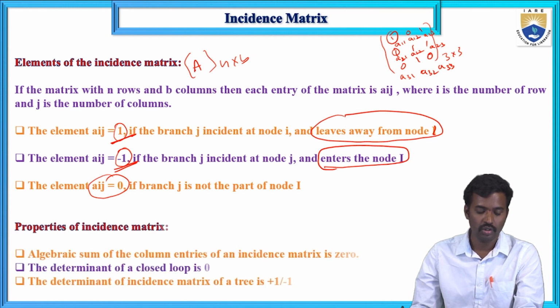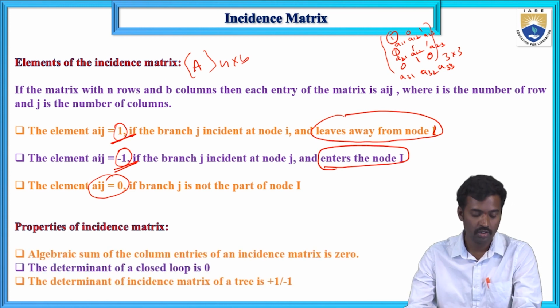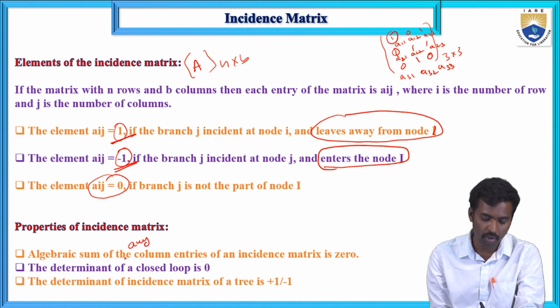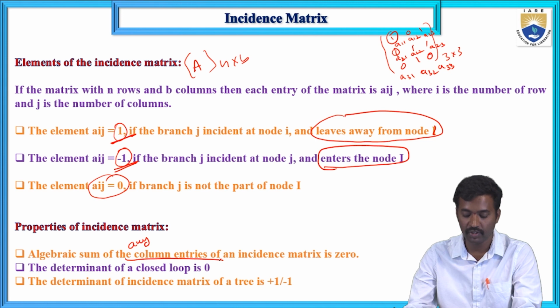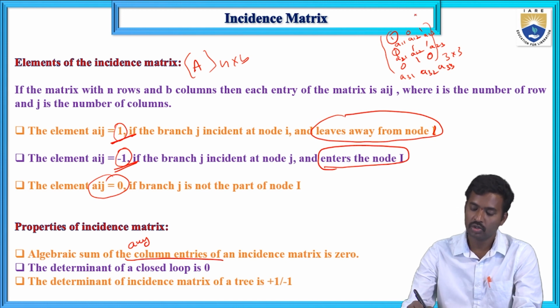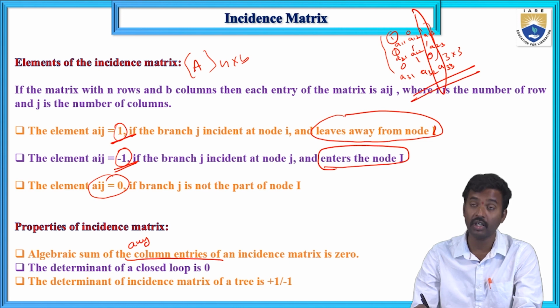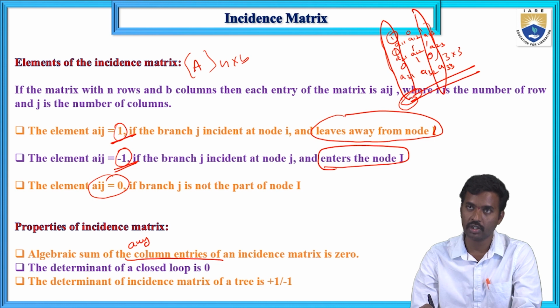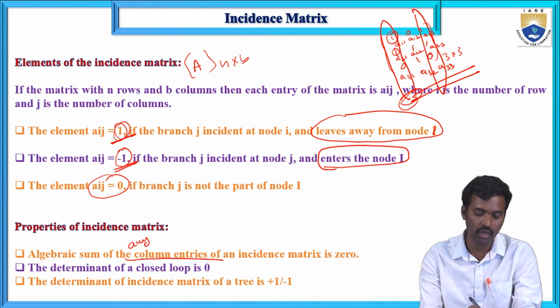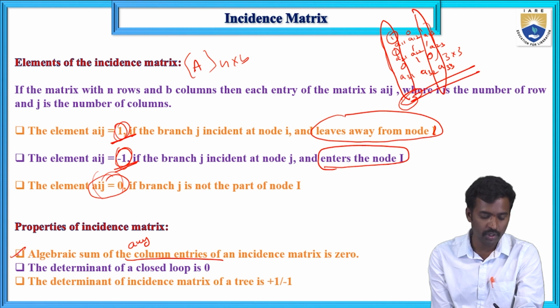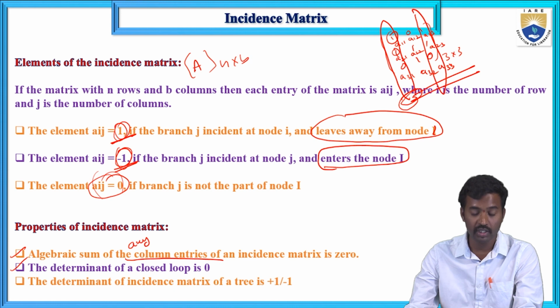Now what are the properties? First, the algebraic sum of any column of the incident matrix must be 0. If you take any column, the column summation must be 0, where the elements may be either 1, minus 1 or 0. Second, the determinant of a closed loop is 0.